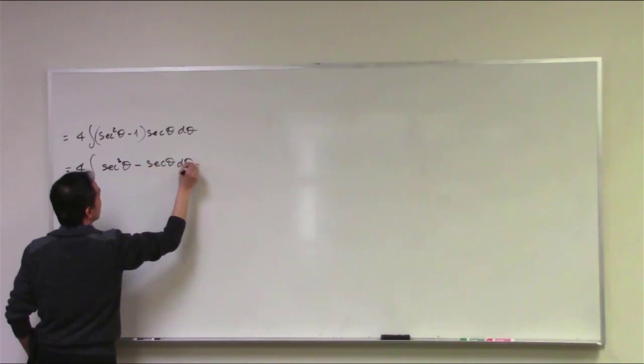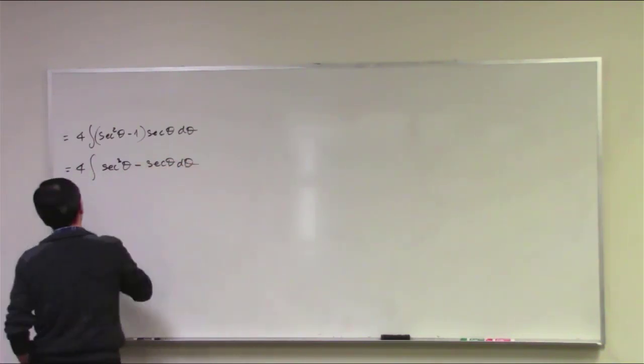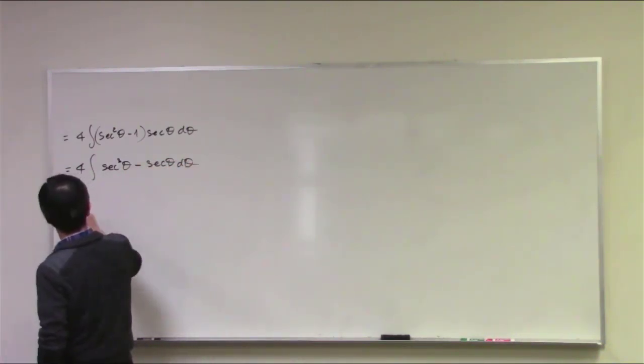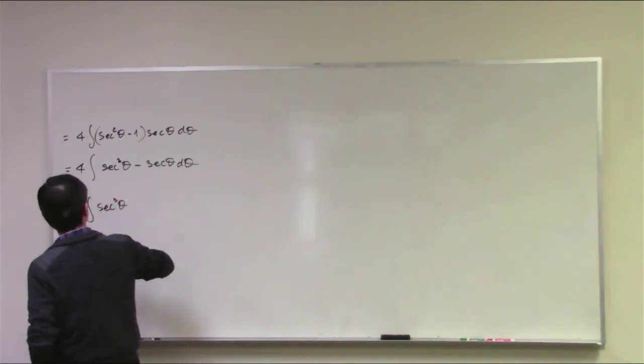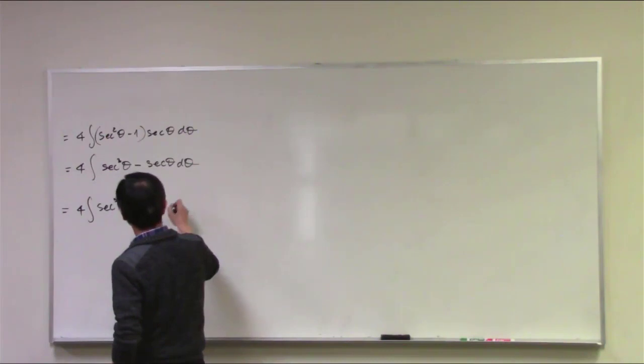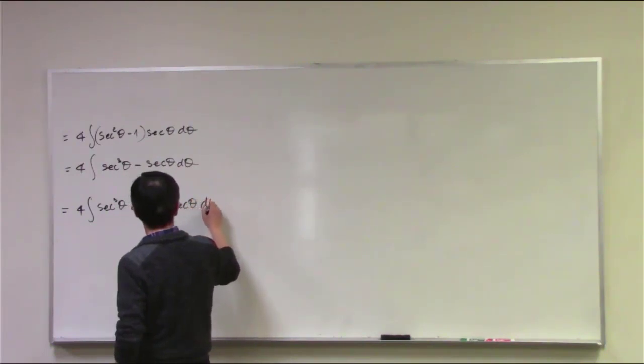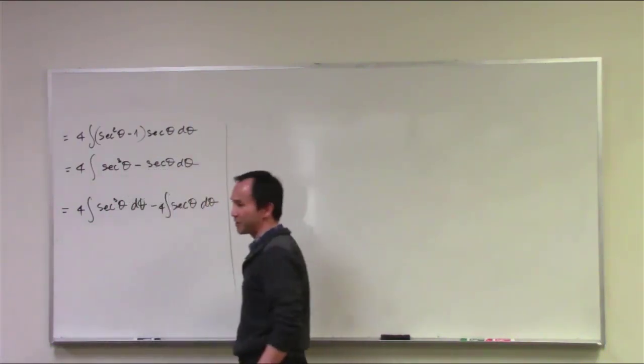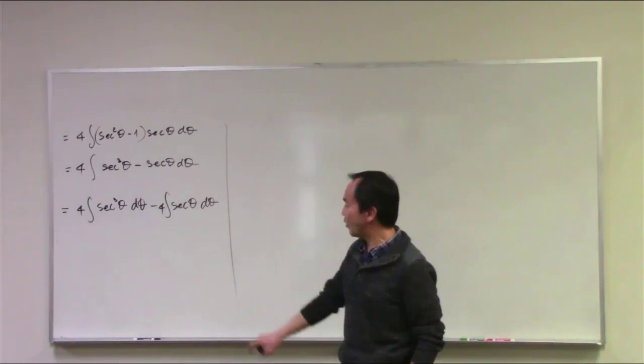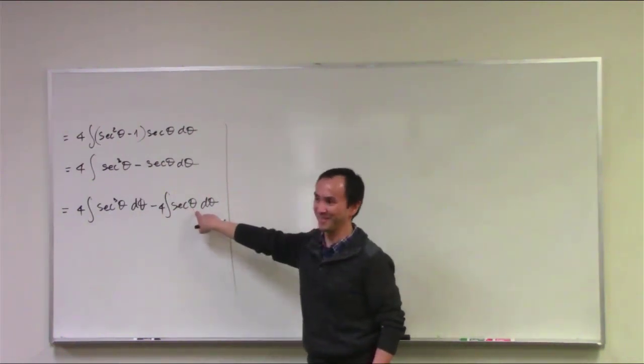So I'm going to turn that into 2 separate terms: one of them is 4 integral secant cube of theta, minus 4 integral secant theta. You all good? I'm holding on to this one.